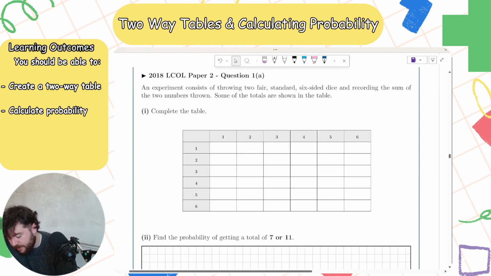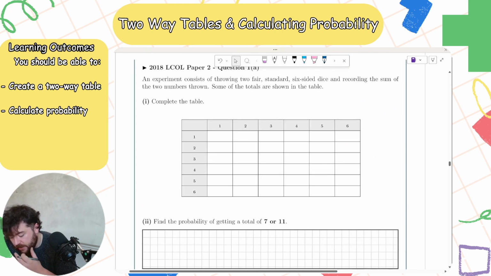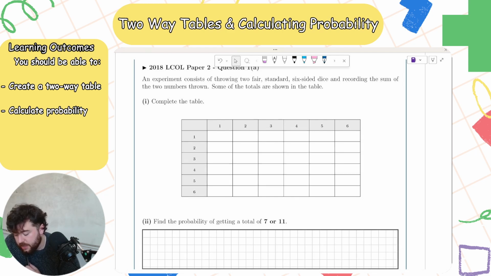Have a look at this one now. An experiment consists of throwing 2 fair standard 6-sided dice and recording the sum of the 2 numbers thrown. Some of the totals are shown in the table. So we're adding these together, the sum of the 2 numbers.